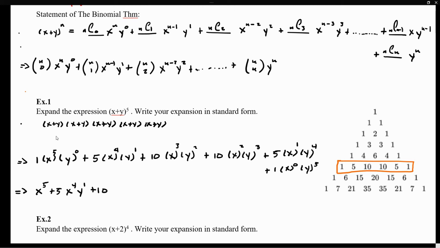Then my next term is 10, x to the 3rd, y to the 2nd. Then the next term is 10, x to the 2nd, y to the 3rd. All we're doing is making it look nicer. Now this is x to the 0, which is equivalent to 1. And 1 times 1 is 1. So my last term is just y to the 5th.